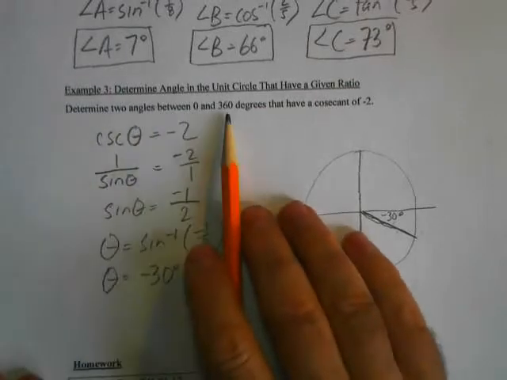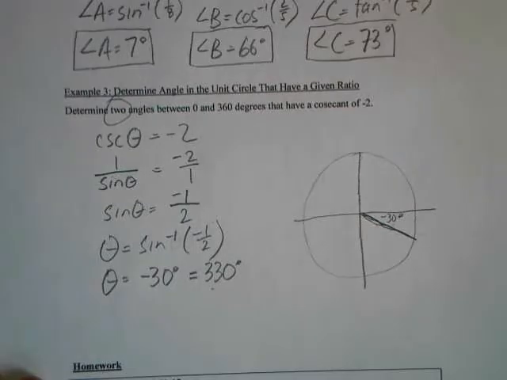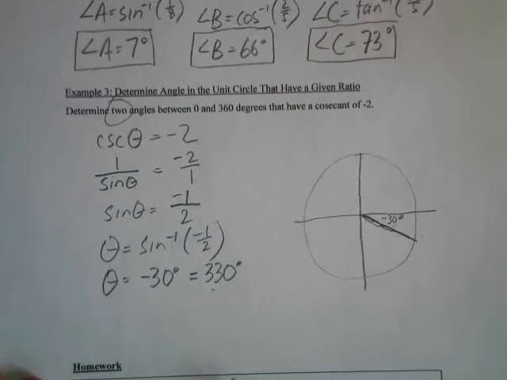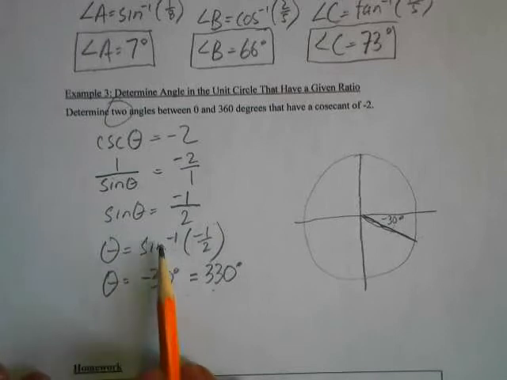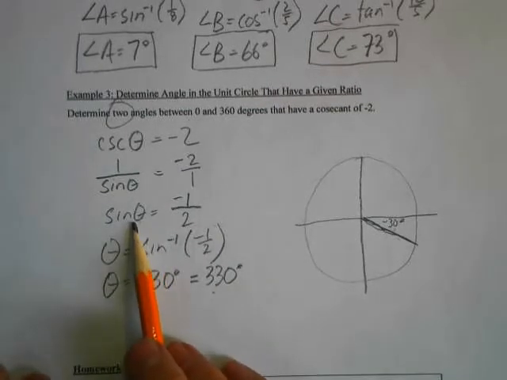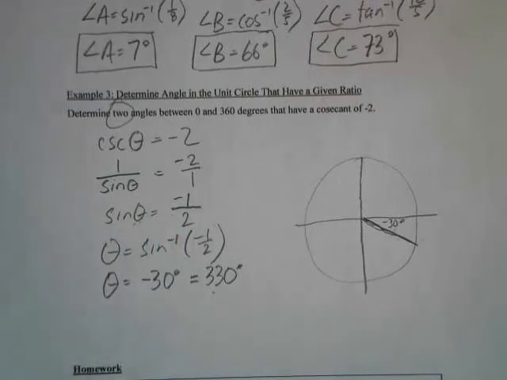Now, it did ask for two angles between 0 and 360. We learned on the last lesson that for a given trig ratio, there are always going to be two angles that get you that. We didn't really talk about this way of solving, but when you've got the sine ratio, basically saying the sine of an angle is -1/2, remember sine theta is equal to y.